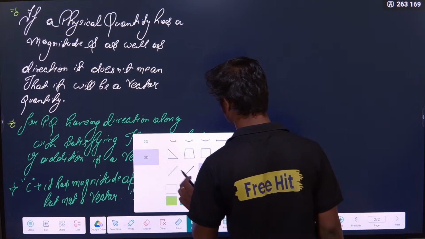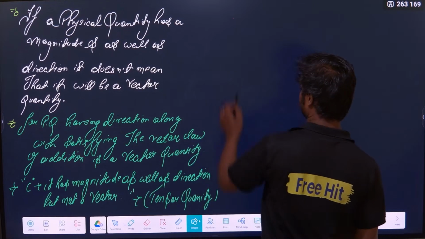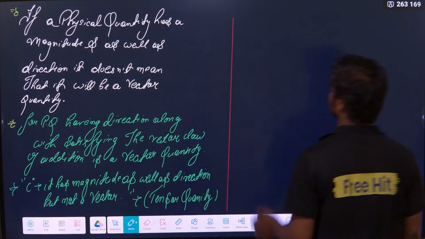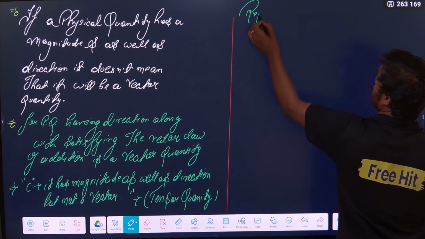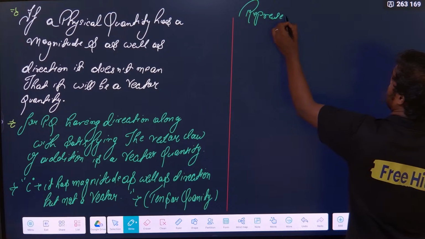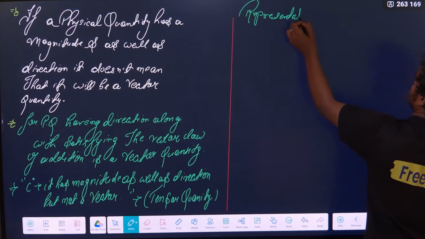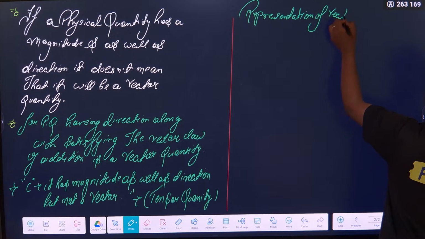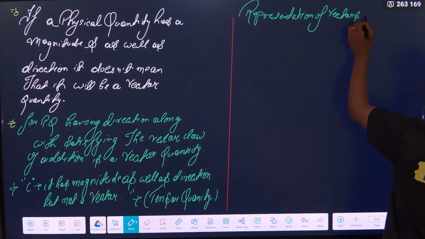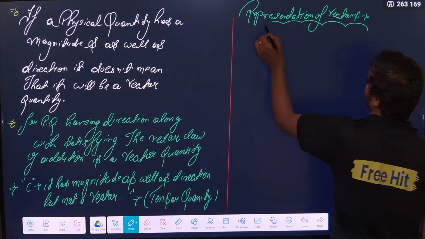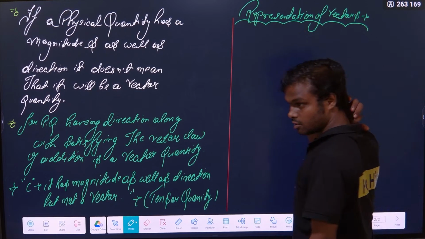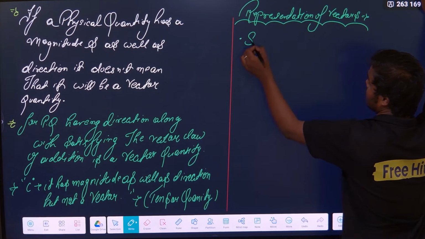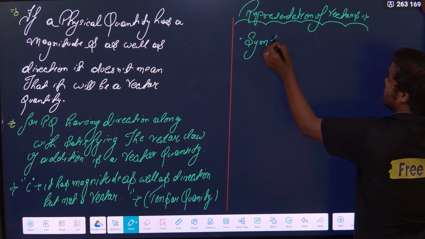How do you represent a vector, how does a vector look? Representation of vectors. If we talk about the representation of vectors, the first thing is called the symbolic method.